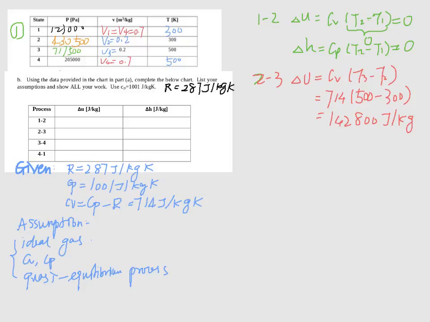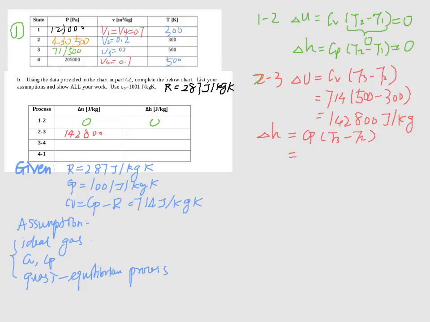Let's start actually filling out this table. So the internal energy for state 2 to 3 is 142,800. And for the previous one, it's just 0. I love that. So let's continue with our enthalpy, delta H, which is Cp T3 minus T2.